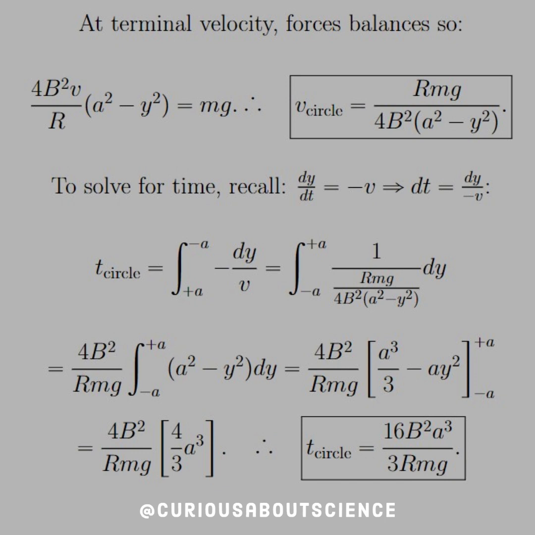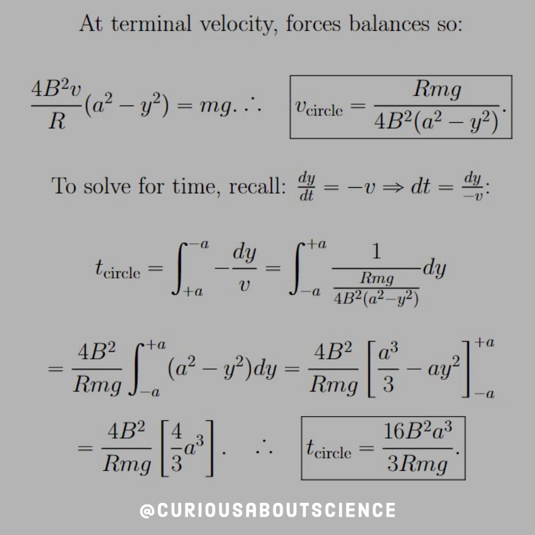Okay, and at terminal velocity, the force is balanced. So we're left with this force equal to mg, where m is the mass of the ring. So solving that for v, we see that v of the circle is equal to RMg over 4B squared times a squared minus y squared. Pretty easy algebra there, all things considered.